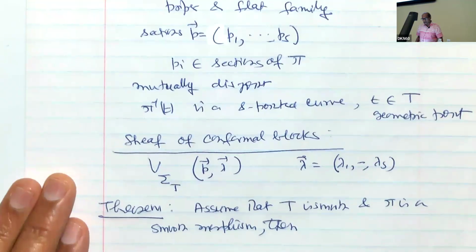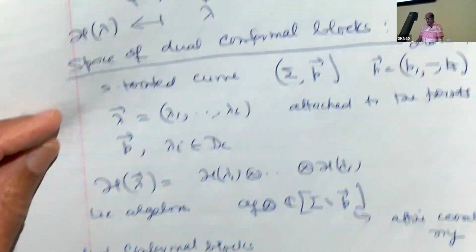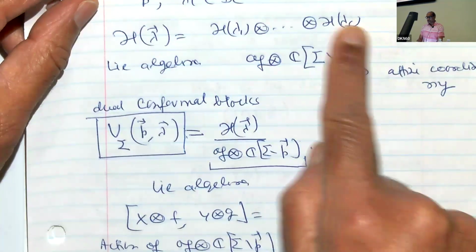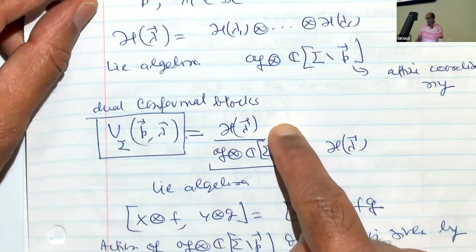Now, once I have done that, we can define the sheaf of conformal blocks, just as we did earlier. So we sheafify this integrable highest weight module. We sheafify this Lie algebra. We are going to sheafify this representation.